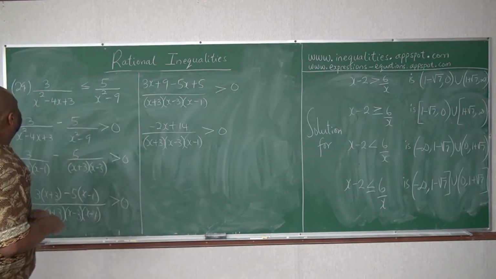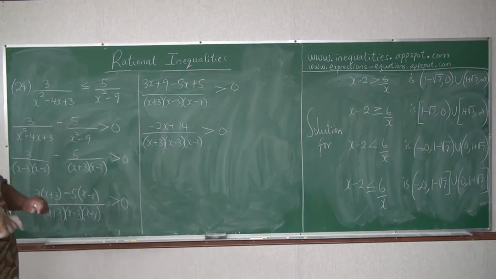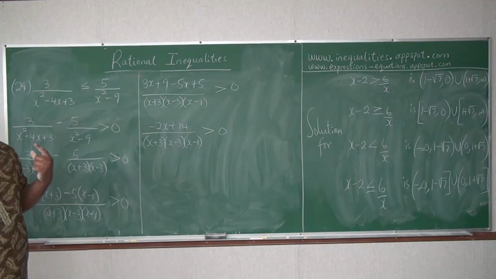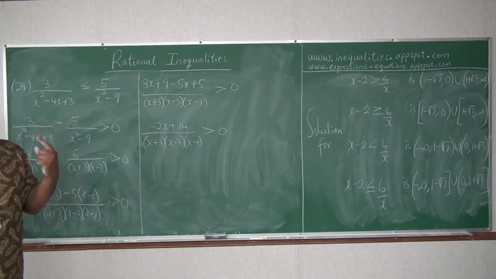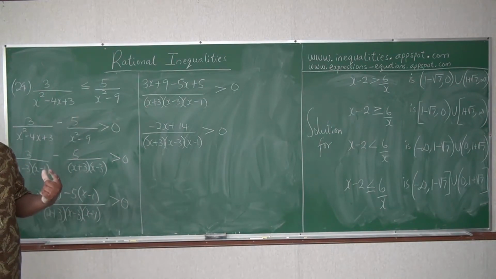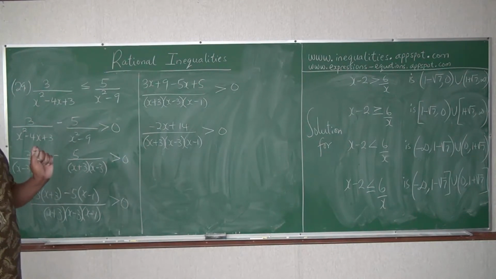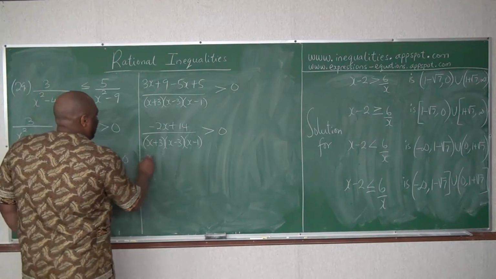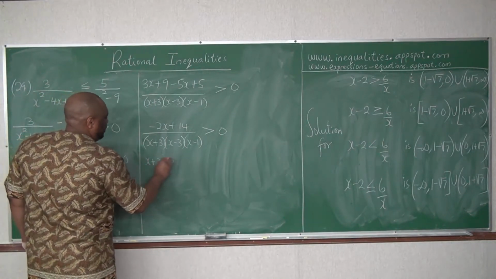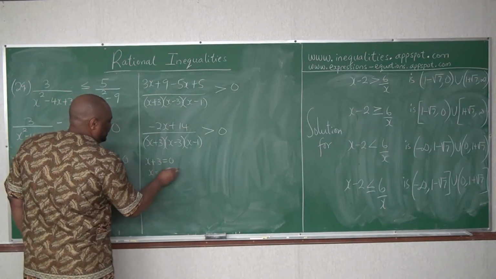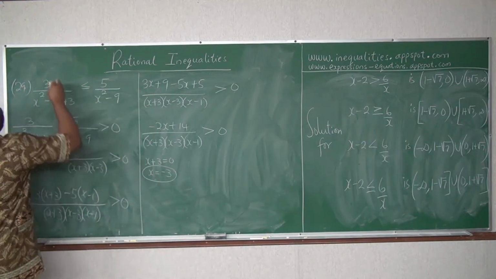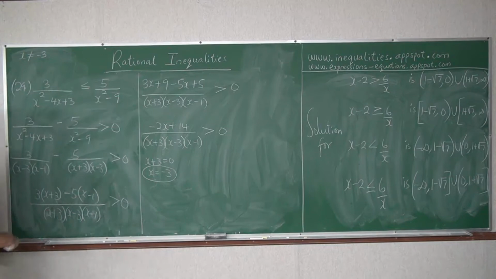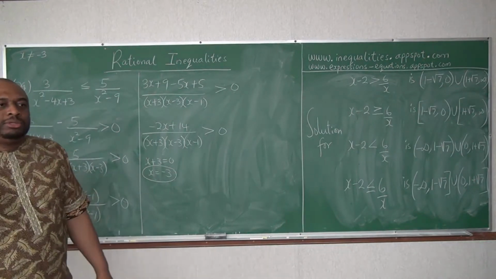Alright folks, let us get the test points. Let us get the numbers that are not included in the domain. So let's do that with the denominator. x plus 3 is 0, x will be minus 3. This is one test point, and it should not be included in the domain. x should not be equal to negative 3.